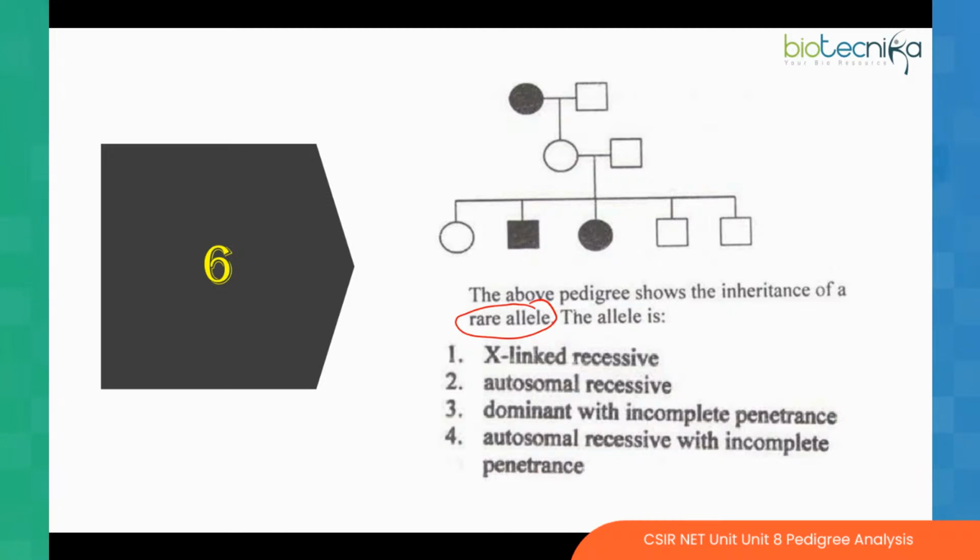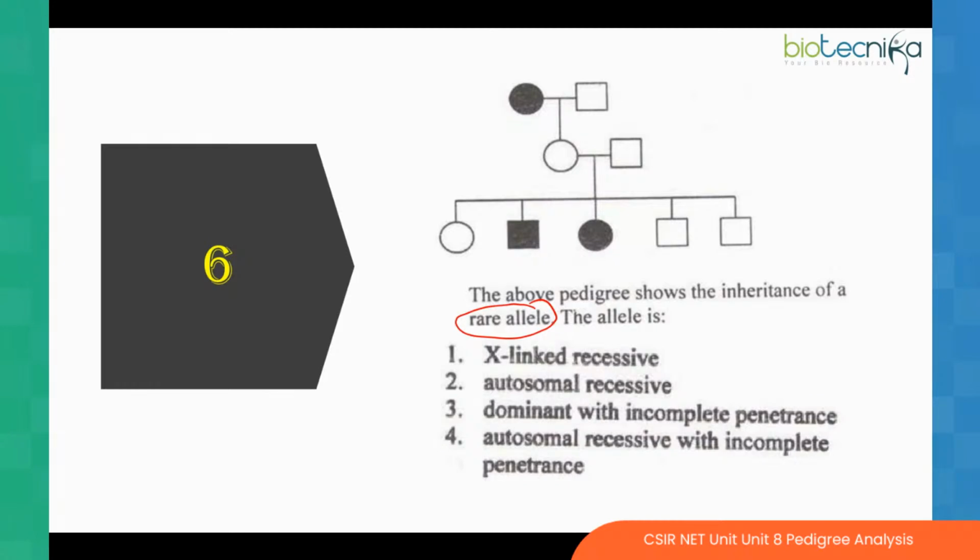Now, in a pedigree chart, whenever it is mentioning a rare allele, it actually means that this particular allele is present in few families in the population only. So anybody who is married into the family will not have that particular allele.